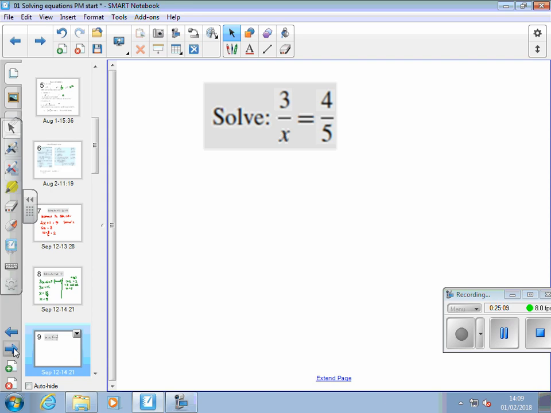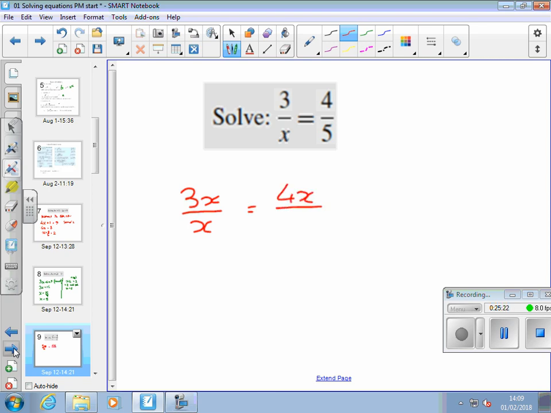If you multiply both sides by x, we'll write it out in full. You've got 3x divided by x, so we multiplied that side by x. If we do that, to keep this side happy, we've got to multiply that side by x. Now over here, we can cancel those two out. So that's fine. We're left with 3 is equal to 4x over 5.